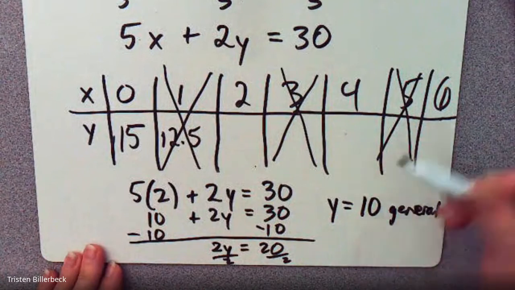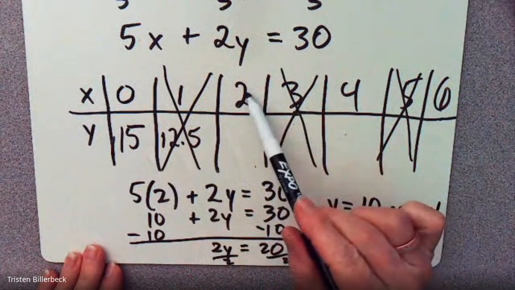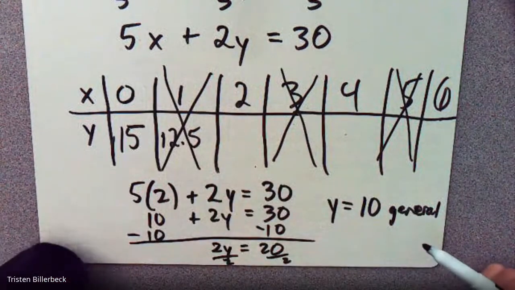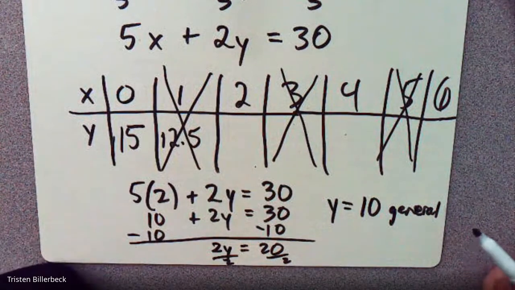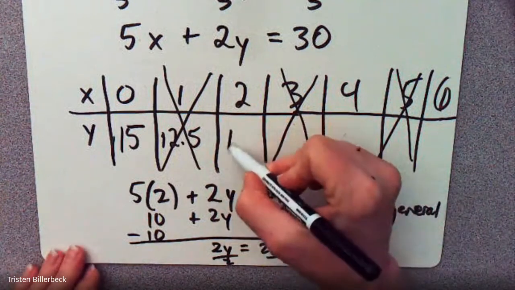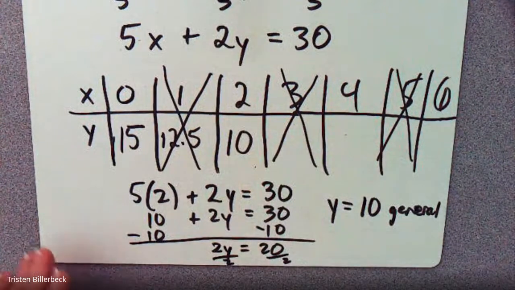So 10 times 10 is 100, and 2 times 25, which was the cost of the reserved, is 50. So 100 plus 50 gives us $150. So if we buy 2 reserve tickets, then we can buy 10 general admission tickets.